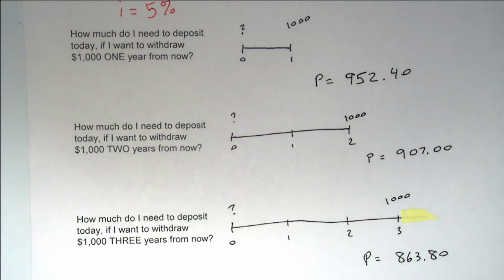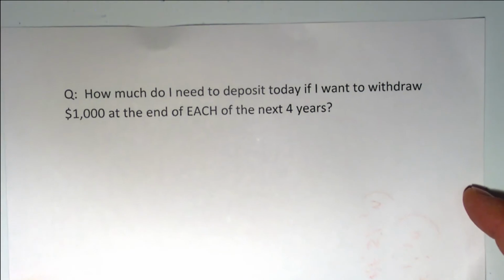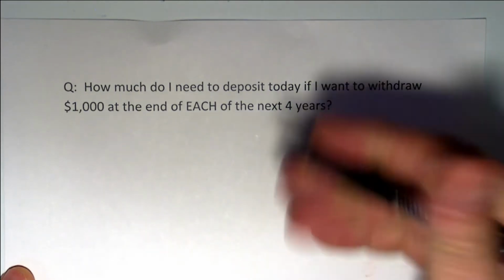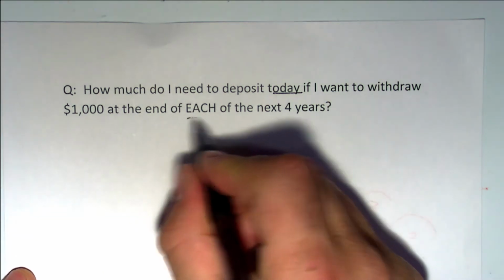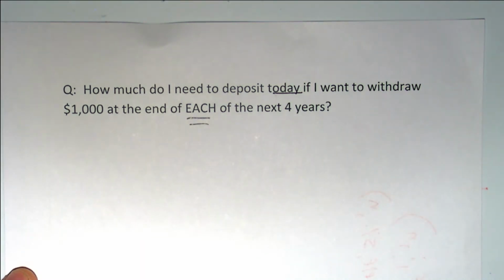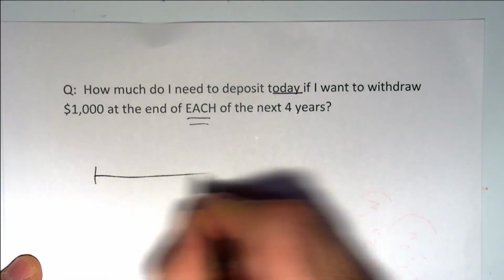Now I want to ask you another question. How much do I need to deposit today if I want to withdraw $1,000 at the end of each of the next 4 years? What that timeline would look like is this.